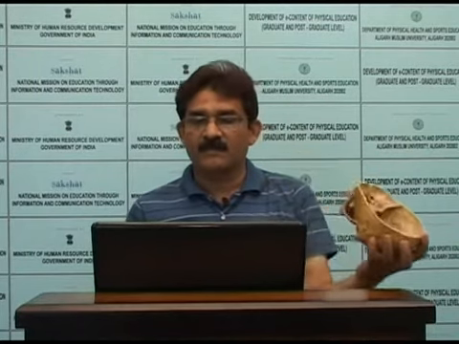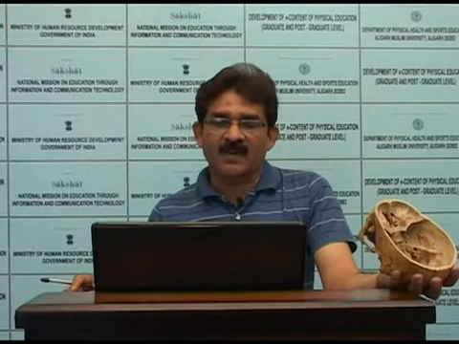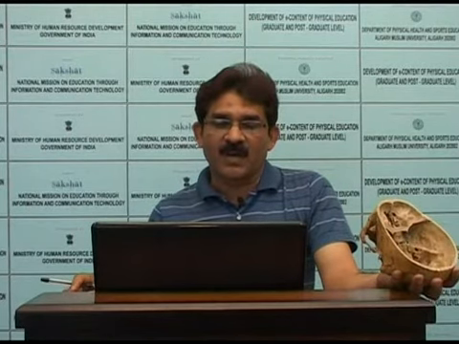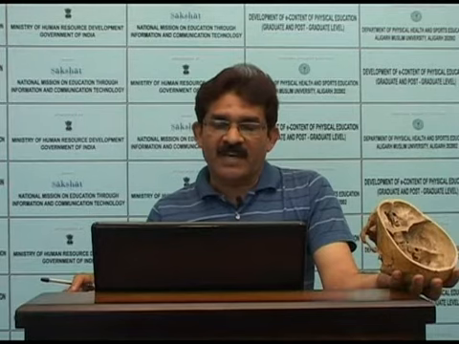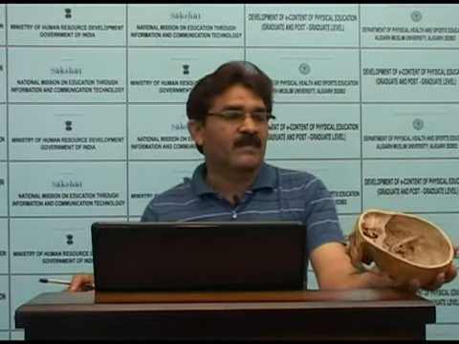External acoustic meatus, the ear canal, and the pointed styloid process are considered to be located in the tympanic portion of the temporal bone.